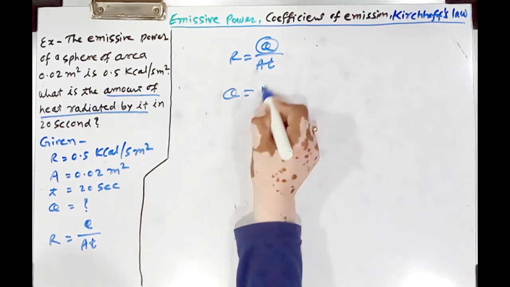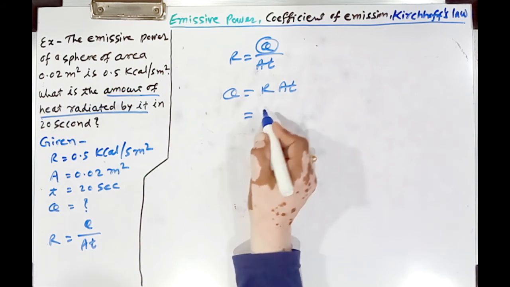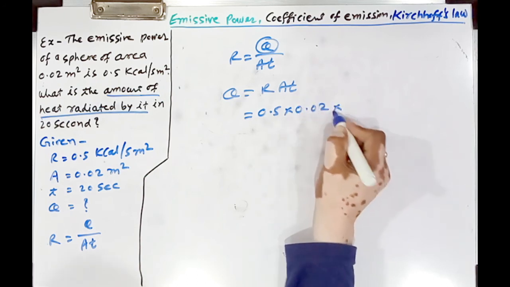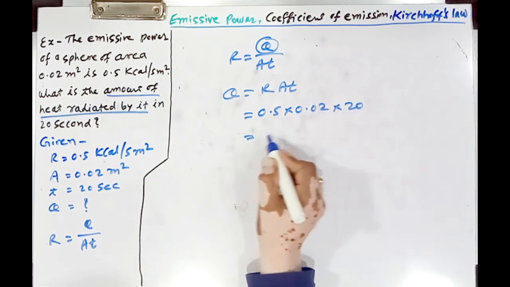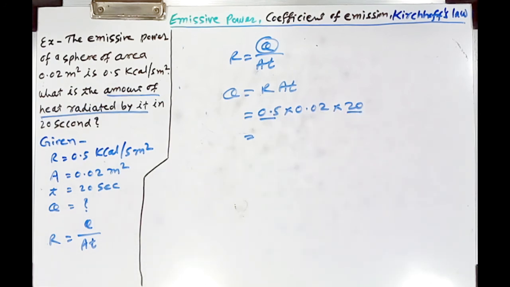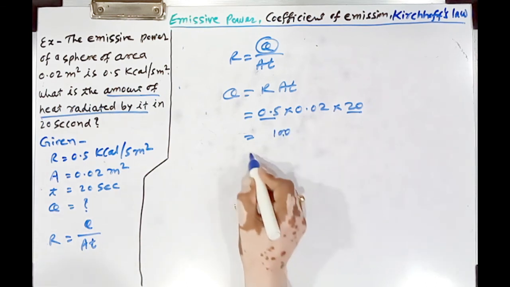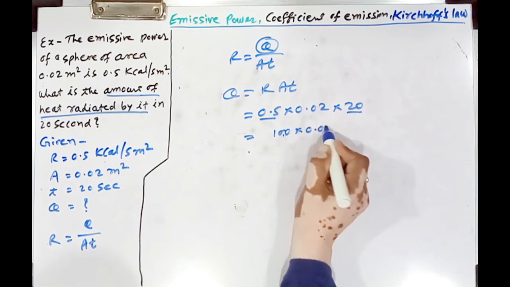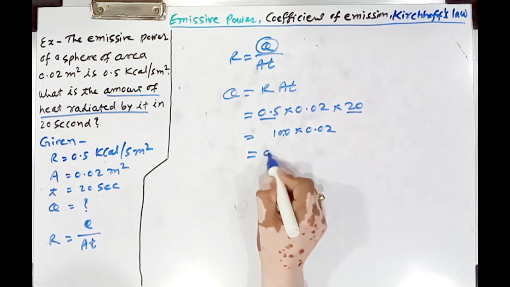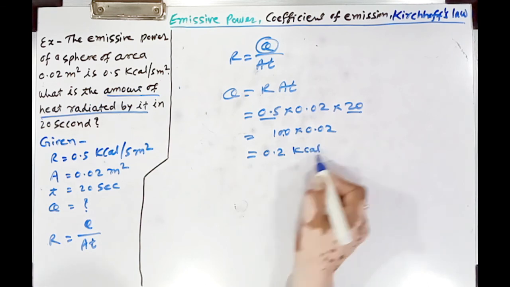So Q is equal to R A into T. Putting the values R is equal to 0.5, A is equal to 0.02, and T is equal to 20. So 20 into 0.5 is 10, multiplied by 0.02, it is equal to 0.2 kilocalorie.